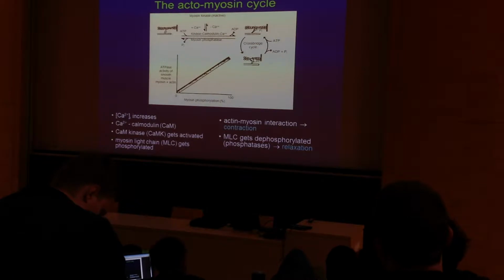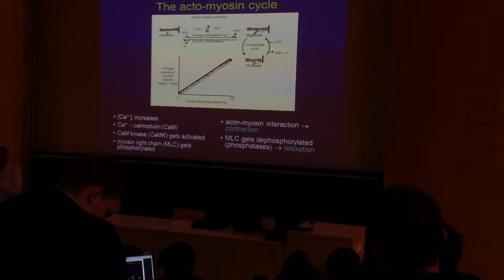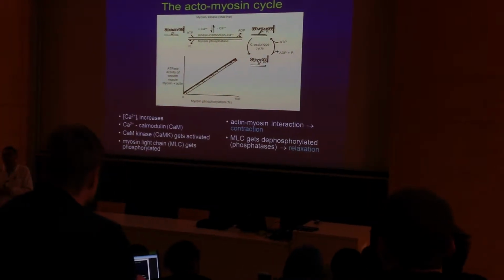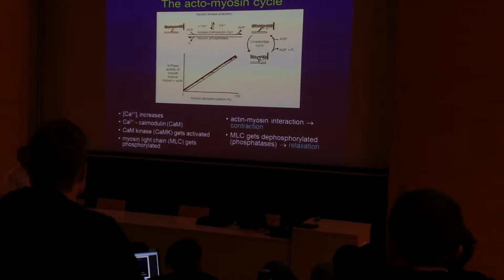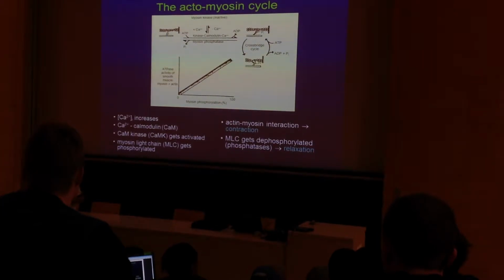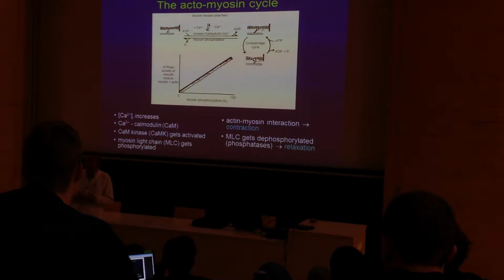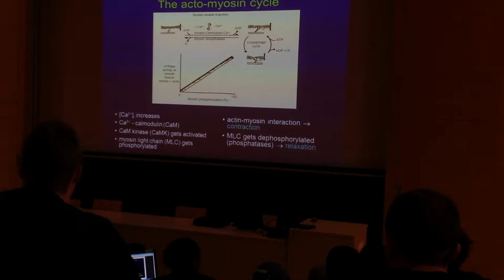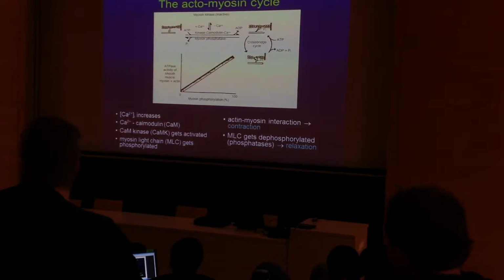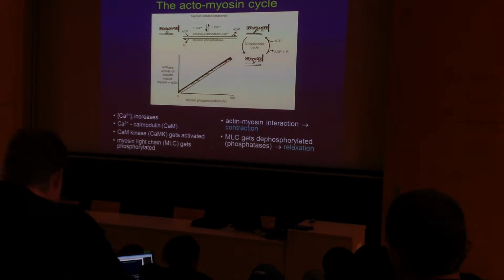This kinase then goes to the myosin. It has a regulatory light chain and phosphorylates this regulatory light chain. Due to the biochemists having such a good way of naming things, this kinase can be called the calcium-calmodulin-dependent myosin light chain kinase. If one learns the name, one knows the function. So again, calcium-calmodulin-dependent myosin light chain kinase.